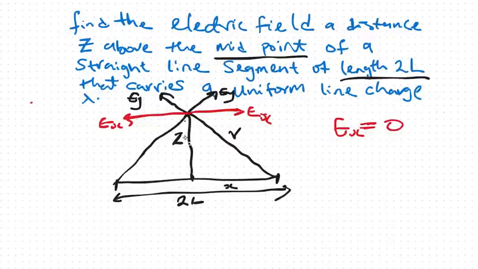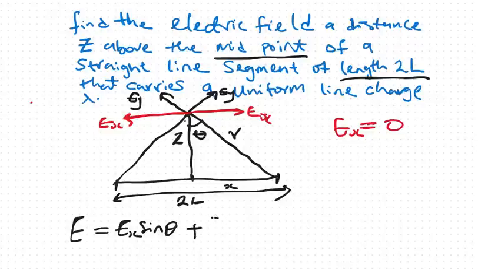So resolving this, the total electric field should be EX sin theta, sorry, EX sin theta. This is the theta, which is opposite over hypotenuse, plus EY cos theta.